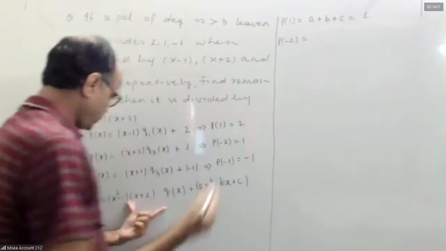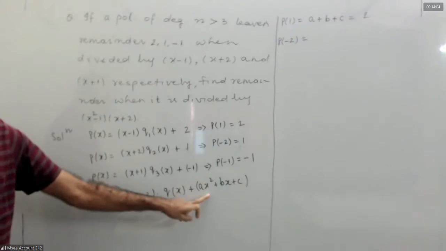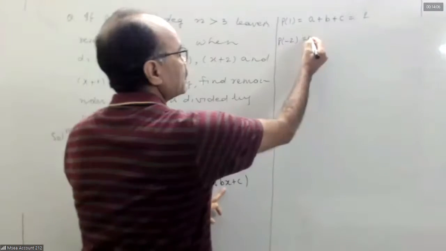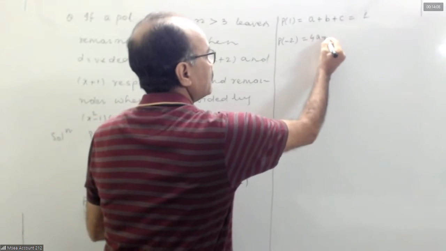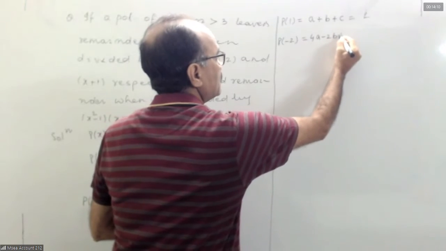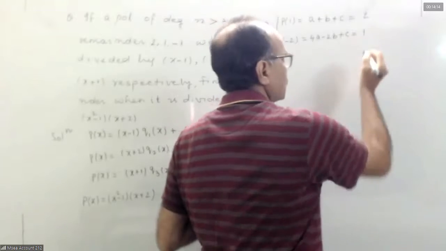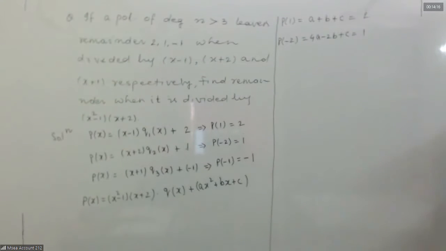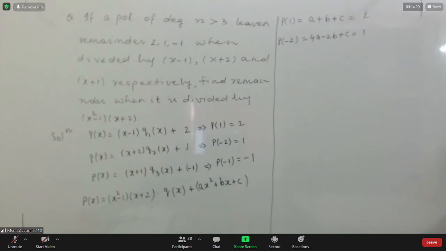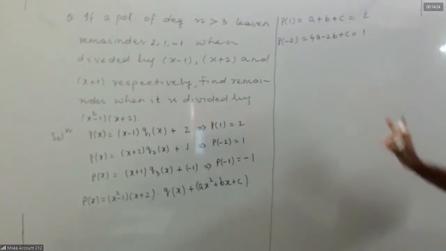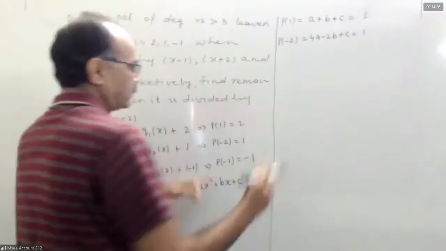P of minus 2 is 4A minus 2B plus C, which is 1.